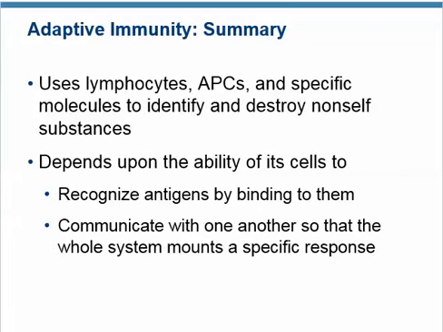So really, the adaptive immunity as a whole has the express purpose of eliminating the antigens. The antigens are those aspects of the pathogen that will evoke an immune response and react to that immune response.